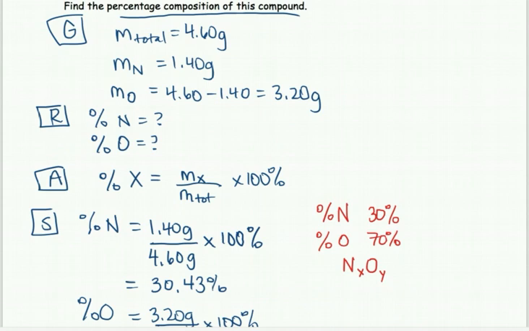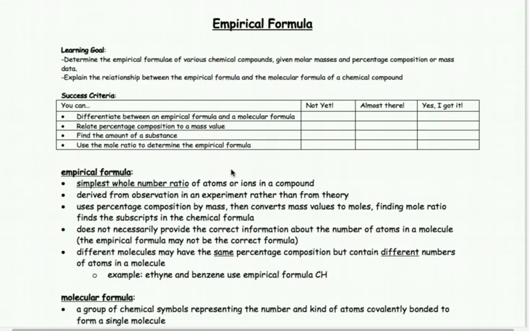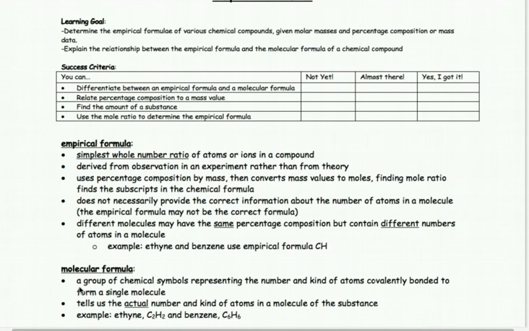So that's what we're doing today, but we're going to be just leapfrogging from the information that we learned last day. Okay, so let's go over the technical definition of an empirical formula. This is what we're doing today, and we're going to move on into molecular formula next day.